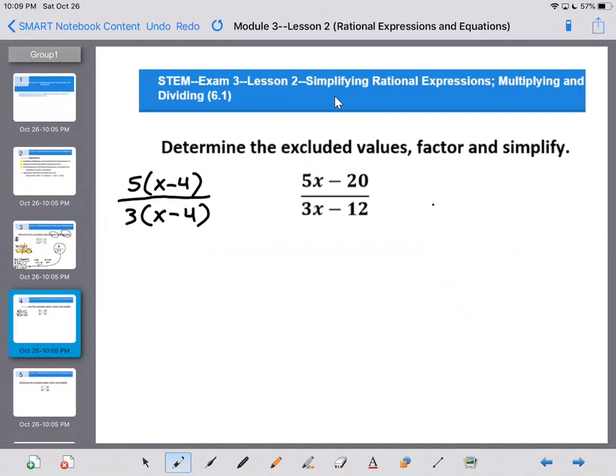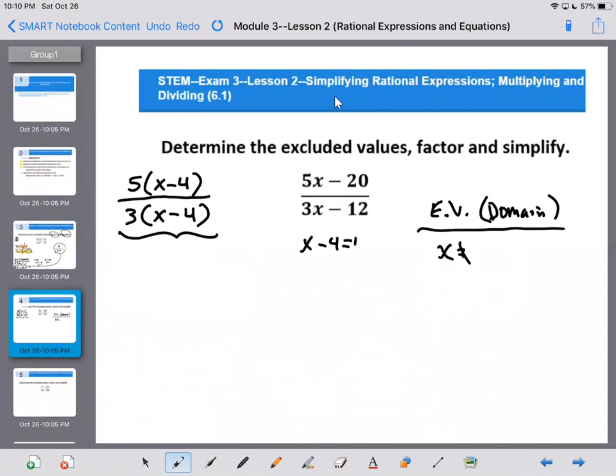Excluded values, which is part of your domain. Well, these are the only two factors below, and only one of them has a variable, and that's x minus 4. So when you take x minus 4 and set it equal to 0, you're going to get x equal 4. So that means x cannot be 4 in this expression when we're substituting values for the domain.